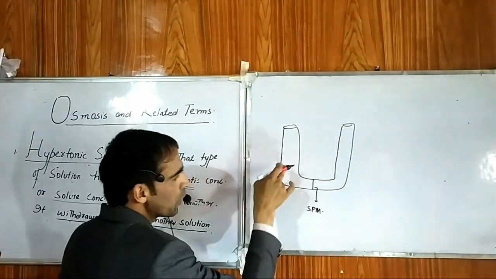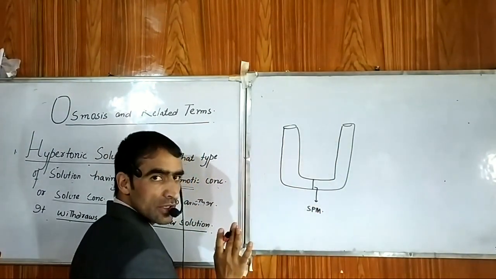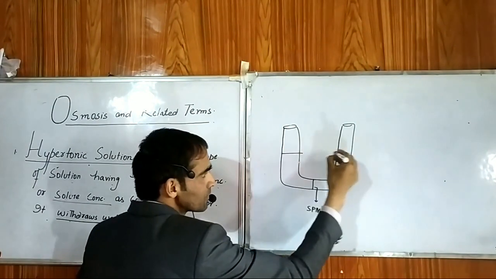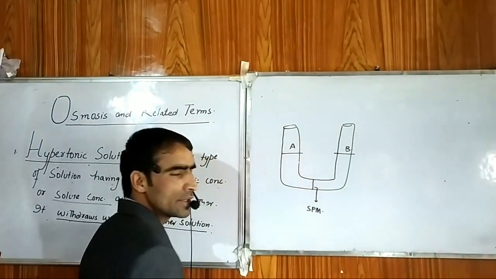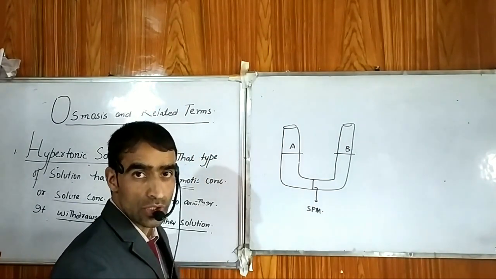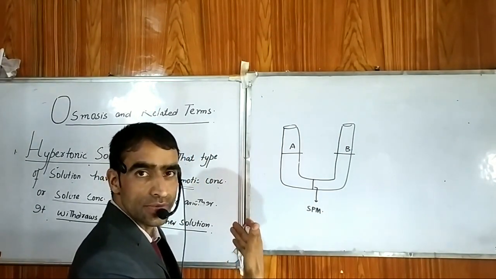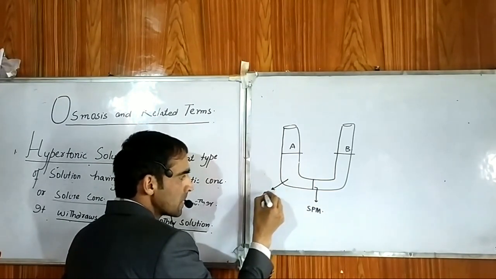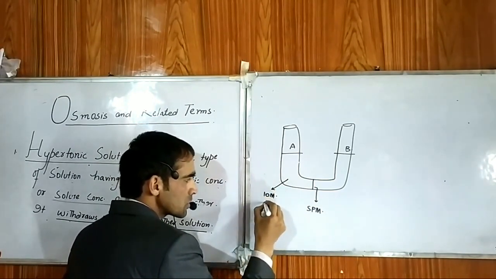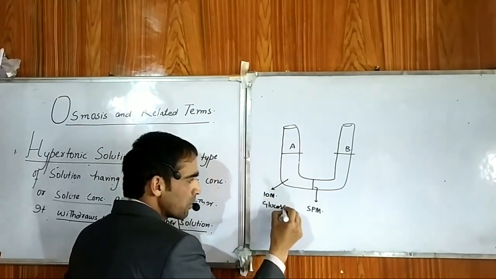Now, we can place two solutions here. This is one, this is another. This is A, please remember, this is B. Those solutions, as the definition suggests. This contains 10 molar glucose. That means this is a 10 molar solution here.